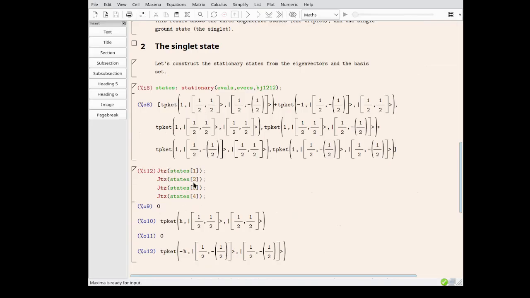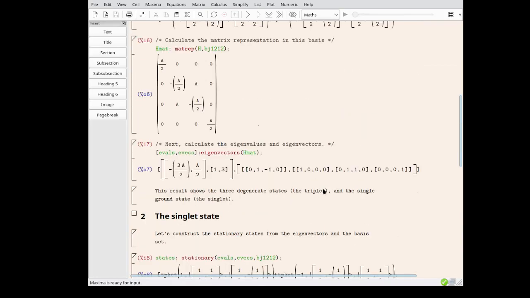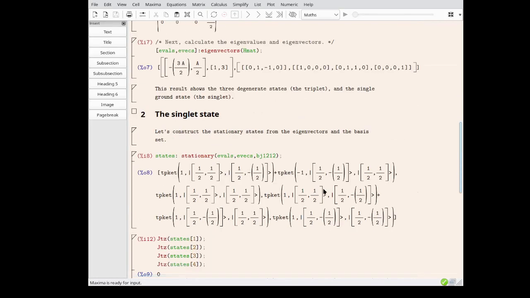For the singlet state, the total spin projection is 0. For the triplet states, we have one that has a z projection of 1, one that has a z projection of 0, and then finally the last one has a z projection of -1. And that is how you can compute the hyperfine splitting of hydrogen using the QM package.